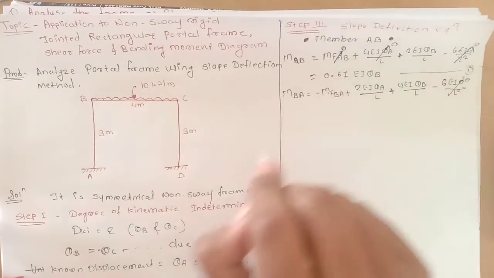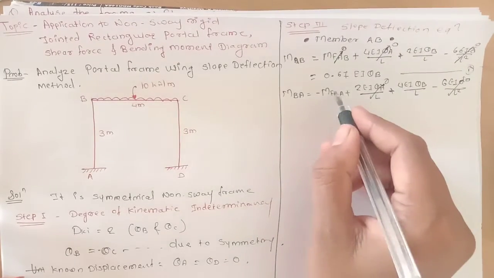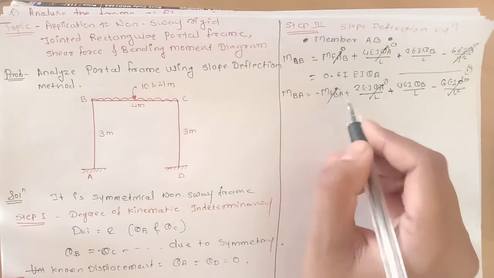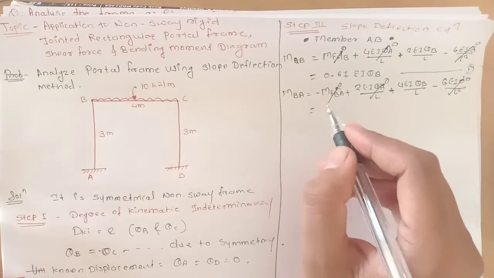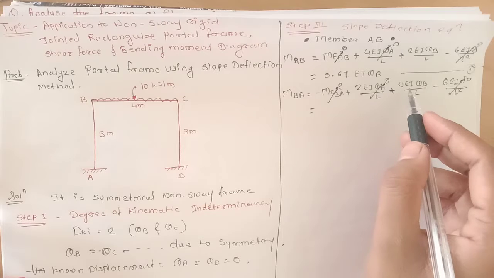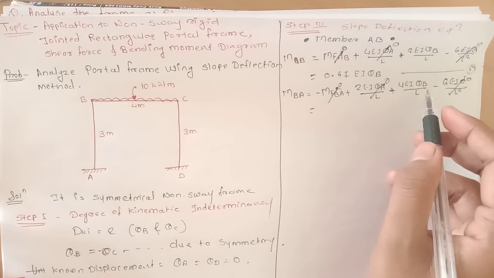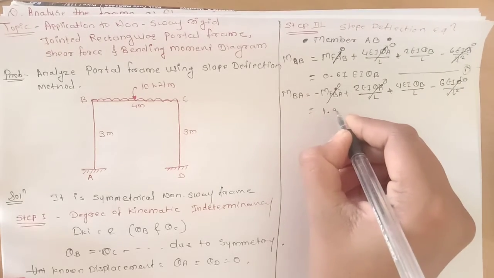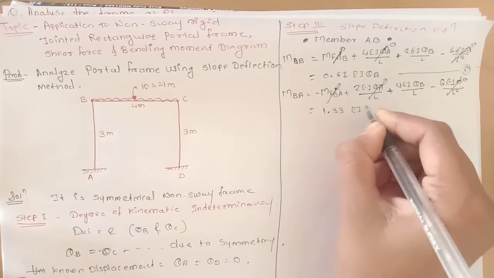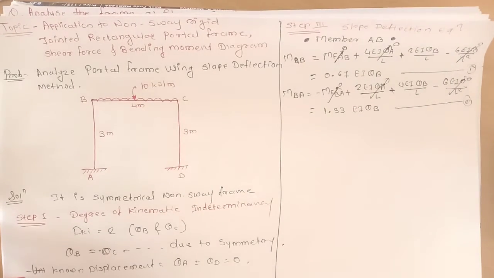Here the delta term is 0, the theta A term is 0 and the fixed moment for member BA is 0. So remaining is 4EI theta B divided by length 3 meter. So 4 divided by 3 is 1.33 EI theta B. This is equation number second.